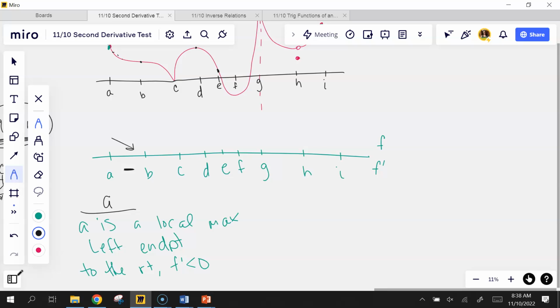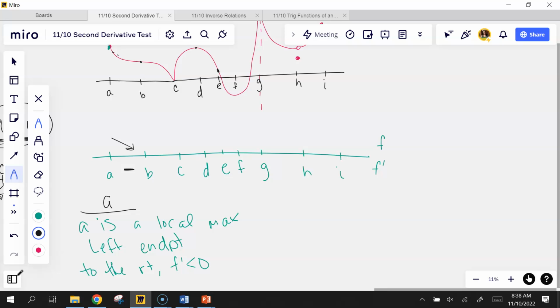Now I know this AB interval is decreasing. What happens between B and C? I marked B for a reason, but what's happening between B and C, derivative-wise? It's still decreasing, so my derivative is still negative. Do you agree? It may not be quite as negative here, and some things are changing, which is what we're going to talk about with our second derivative test.